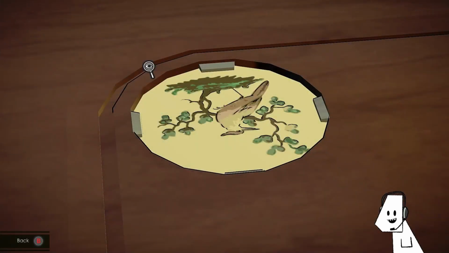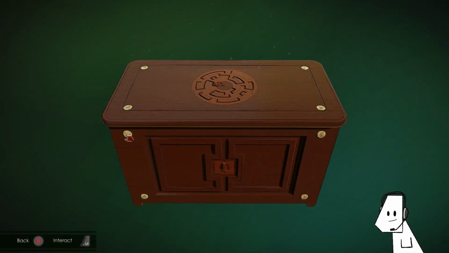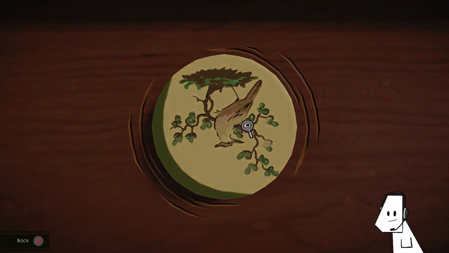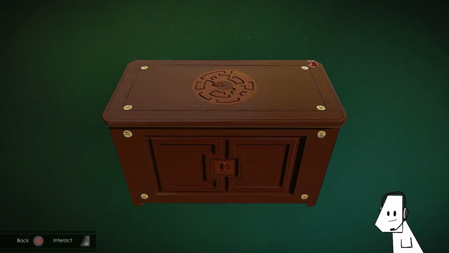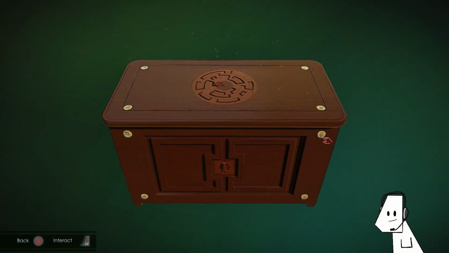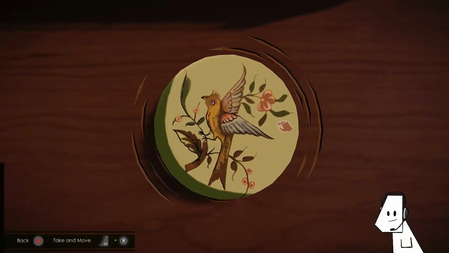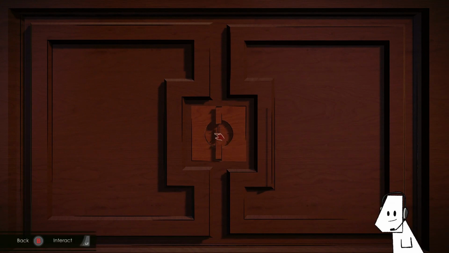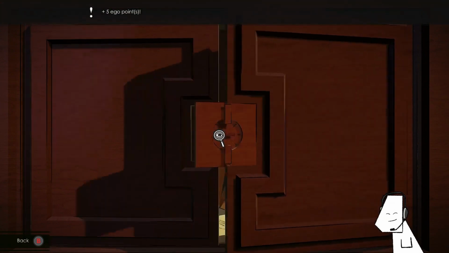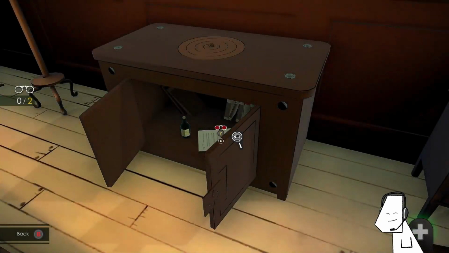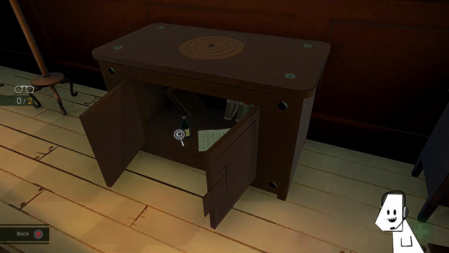This one has to be upside down. Oh, you can hear the click when you get it right. That's what I'm guessing. And then this one has to be facing the right. Oh, thank goodness for that. We did it. We did it. I'm so proud.